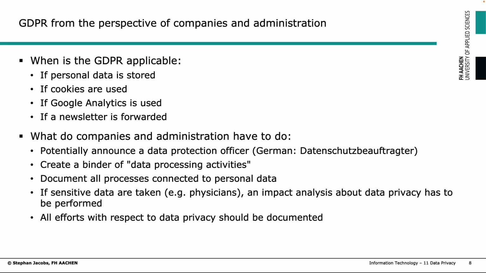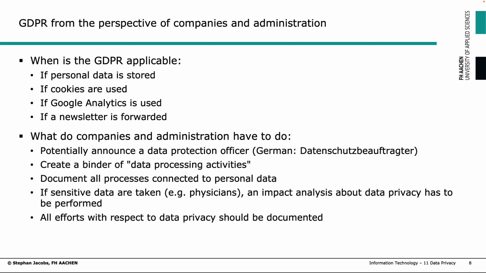So not always, if it's a good idea to keep data protected, it has to do with data privacy. Data privacy means we're talking about personal data about people. This could be the case, for example, with cookies. If cookies are used, then you're in the area of personal data, because within the cookie there is an IP address, and the IP address might be used to track back to a certain person.